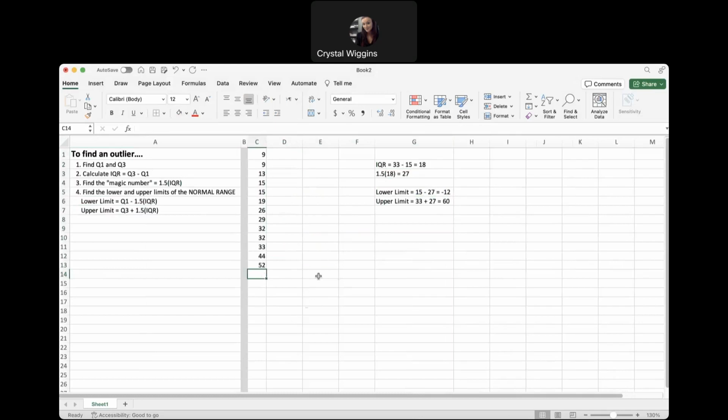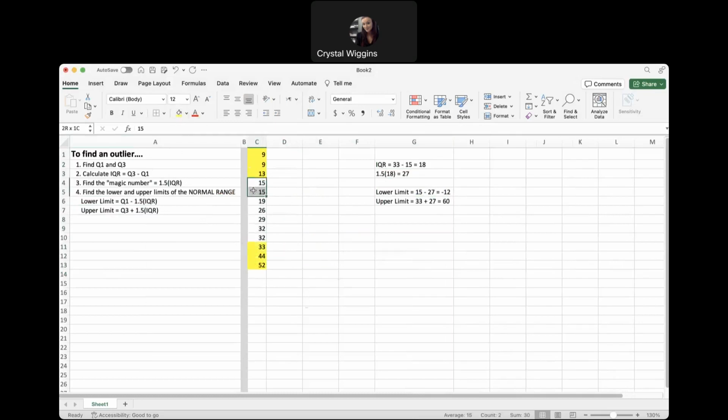I just want to show you the difference doing Q1 and Q3 by hand if we had an odd data set. So again, we would find our median first by crossing off top and bottom, pairing off the numbers. You can pair more than one.